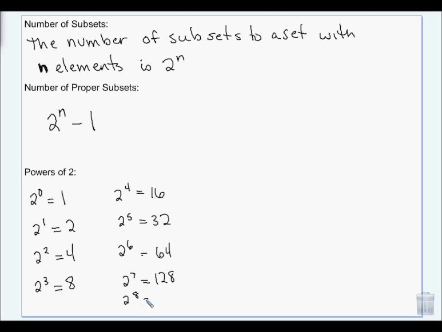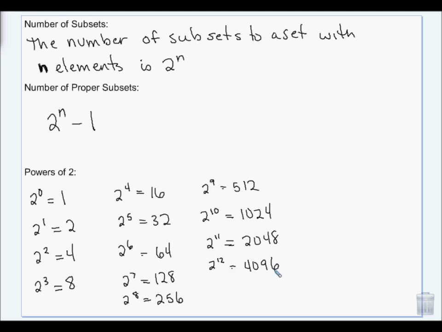2 to the eighth, 256. 2 to the ninth, 512. 2 to the 10th, 1024. 2 to the 11th, 2048. 2 to the 12th, 4096. 2 to the 15th is 32,768. 2 to the 20th is 1,048,576.